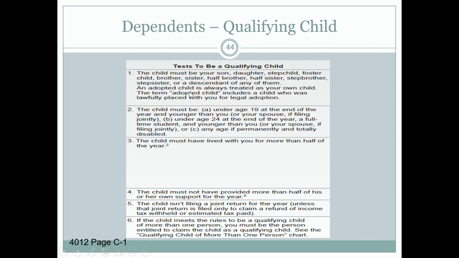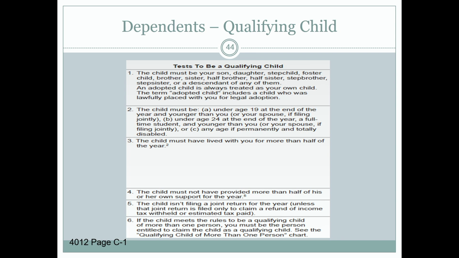The next test is the age test. The person or the child in this situation, which is one of the individuals listed in number 1, must be under the age of 19 at the end of the tax year. That's December 31st of the current year that you're preparing the return for, and younger than you or your spouse if you're filing jointly.